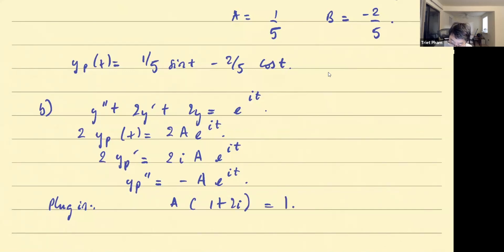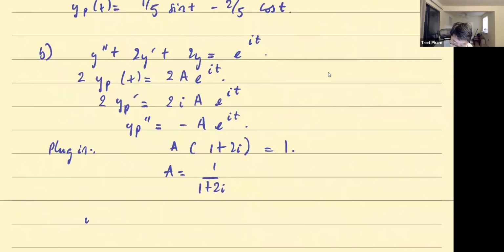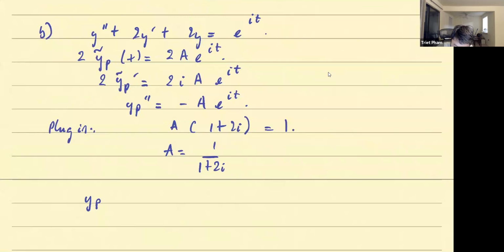So a is 1 over 1 plus 2i. Is that okay? So what's our yp now? Or rather, this is the y tilde p, not yp, because this is the in-between. This is not our real yp. It's going to be 1 over 1 plus 2i times e to the it.